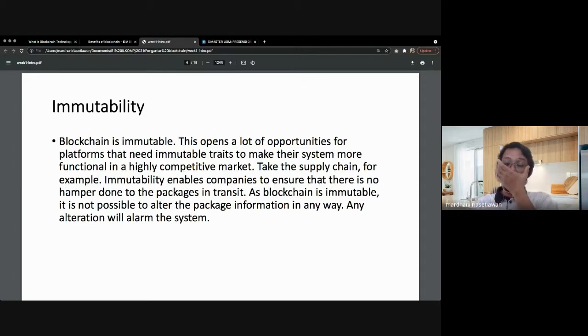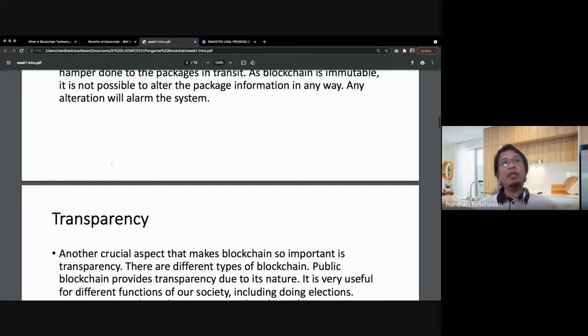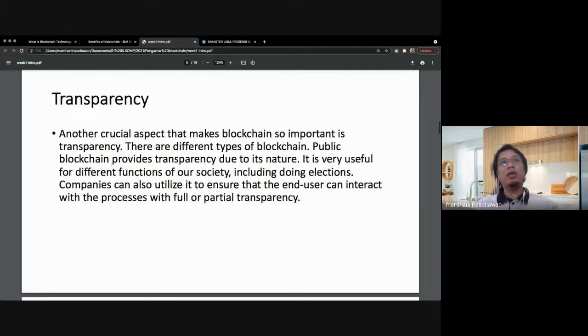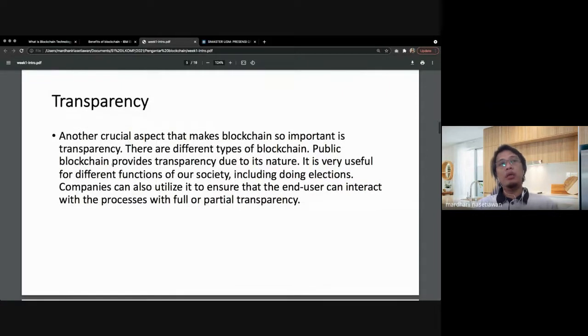If we only discussed the architecture directly, I think you would have big questions about why the architecture is different. And the second is transparency, which is also very important because it is a crucial aspect.